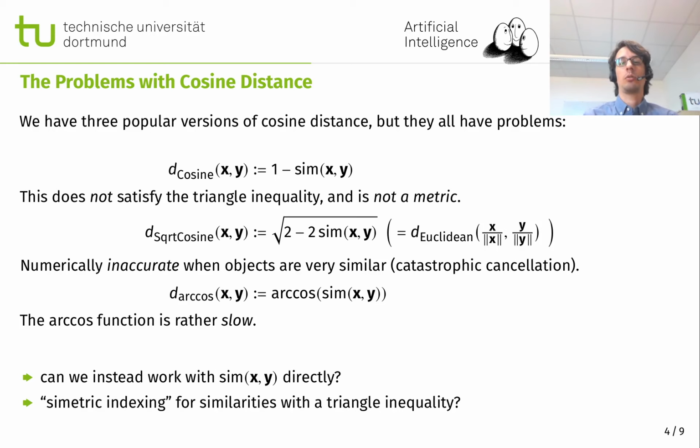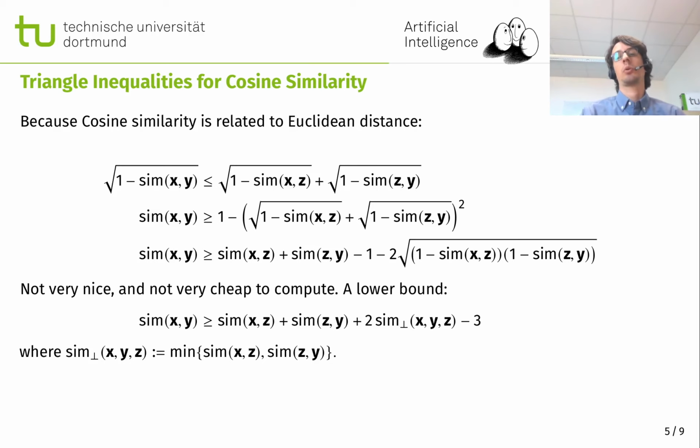And then we could begin with indexing with respect to similarity as opposed to current indexes, which usually index with respect to a distance function. But we will need a similar triangle inequality for similarities. And that's actually what we propose to use in this paper.